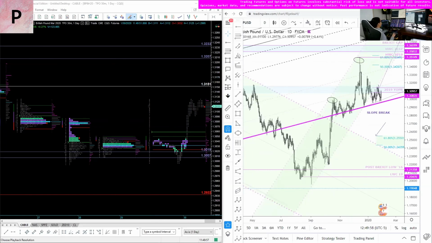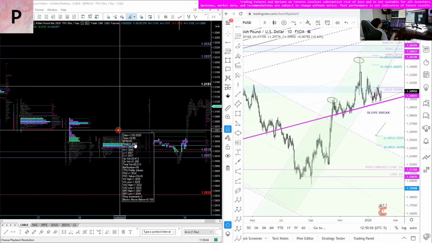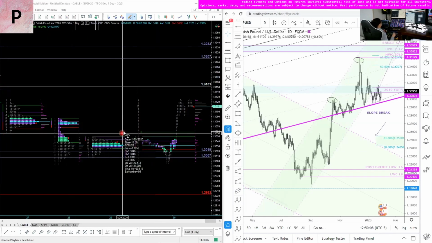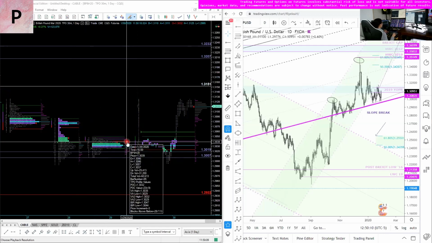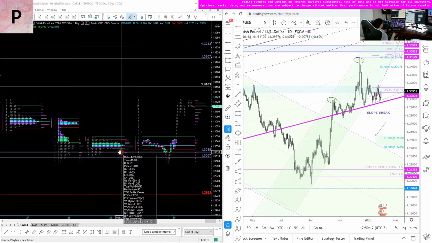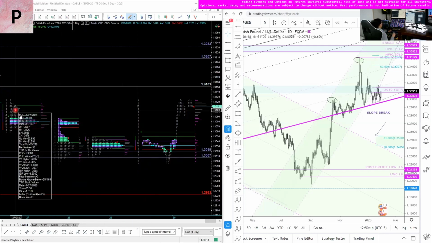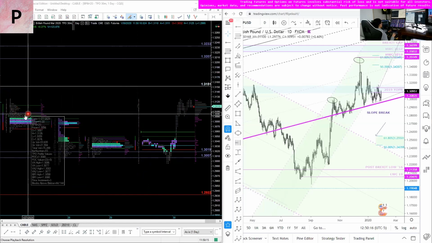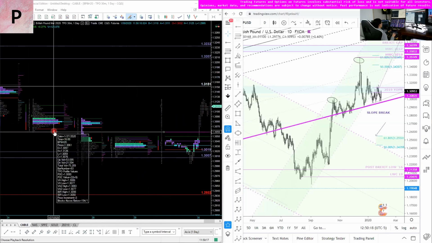Okay, so a couple of things to focus on here. When you look at the TPO on the current profile, something that you can notice is that there's a couple of caves that were living here prior to the initial move that we got today.